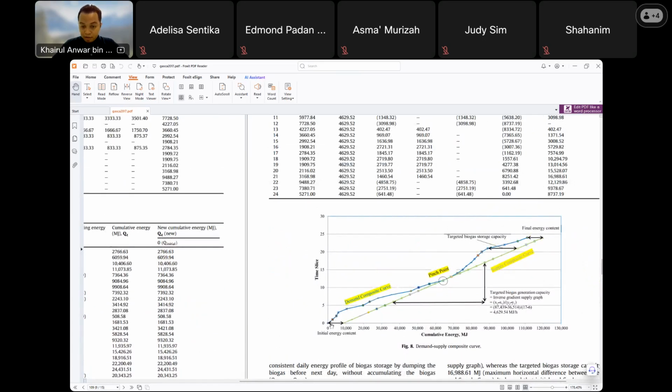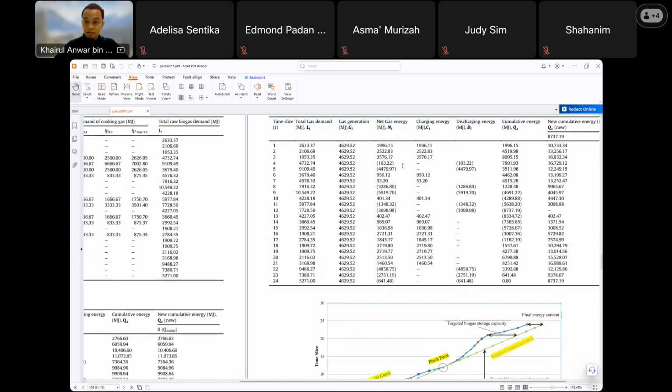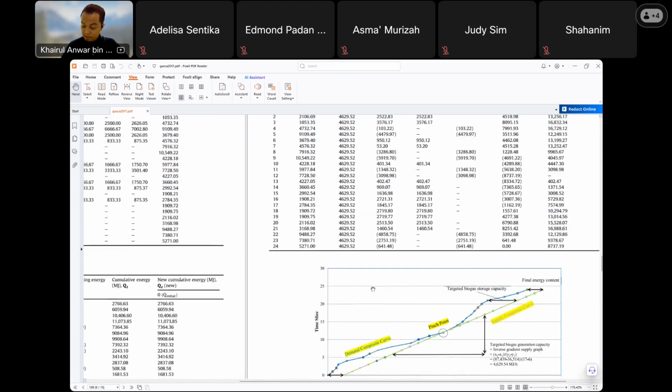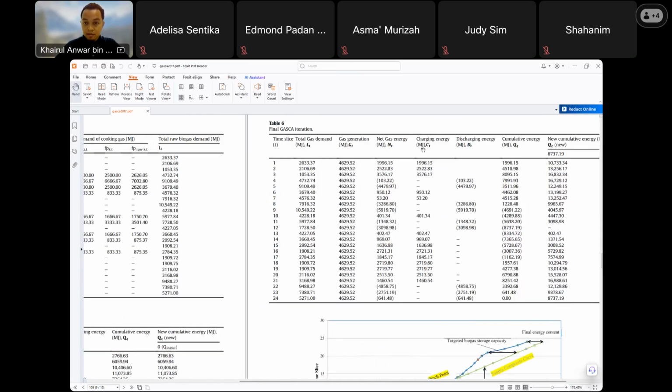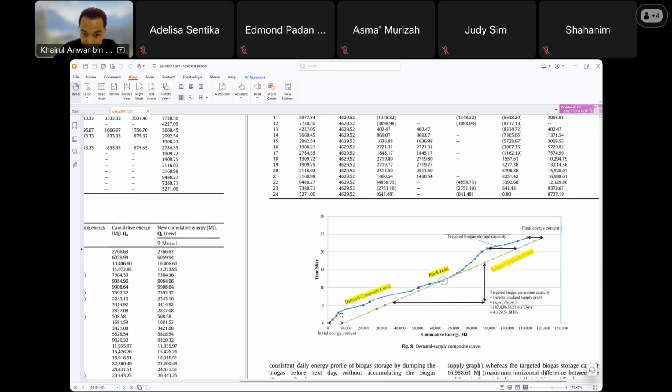So for this point here is based on the NT, start with 1966, so 1966 plus 2522, so we have 4518, then plus 3576, we have 8094, yeah, plus 103 because it's cumulative, but the negative.